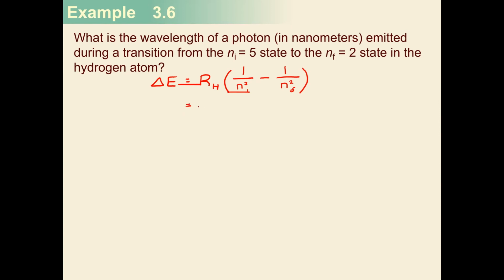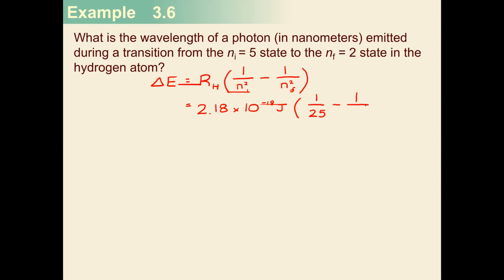Our Rydberg constant is 2.18 times 10 to the minus 18th joules. And now for our values, we would have our initial squared, so that would be 5 squared, so 1 over 25, minus 1 over our final 2.